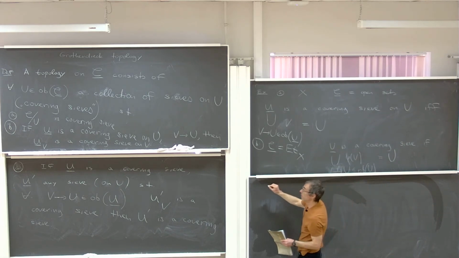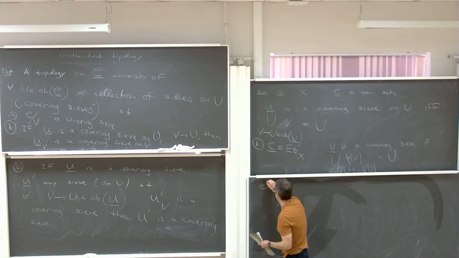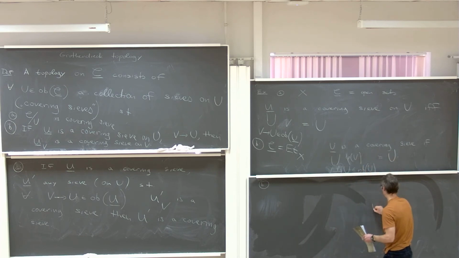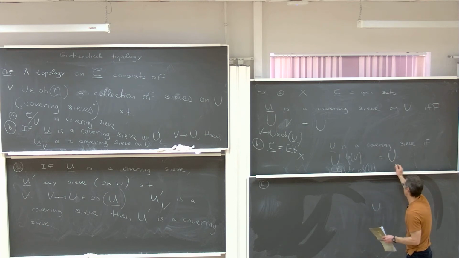So we have a covariant sieve of U. So we have U, and we have a covariant sieve.